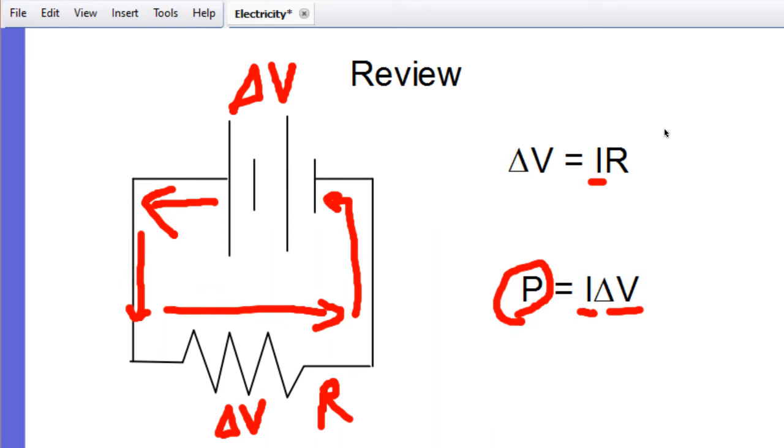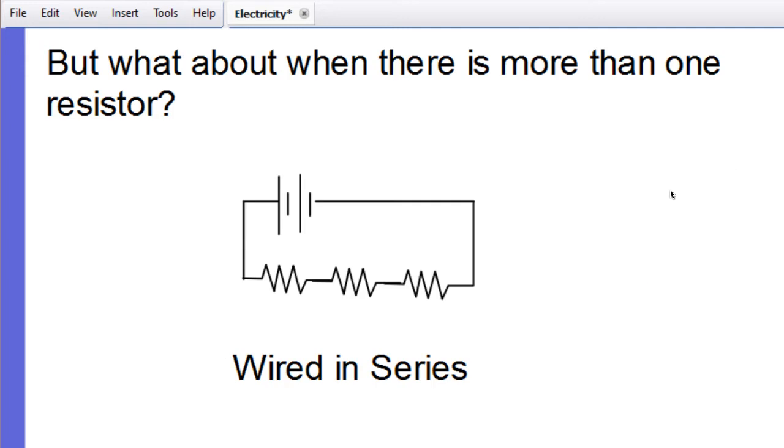Alright, so at the end of last class, I asked you to think about all the different ways you could wire 3 light bulbs so that they all turned on. This is one of those ways. It's called wiring something in series. It's where you link everything up as a chain, one after the other after the other.